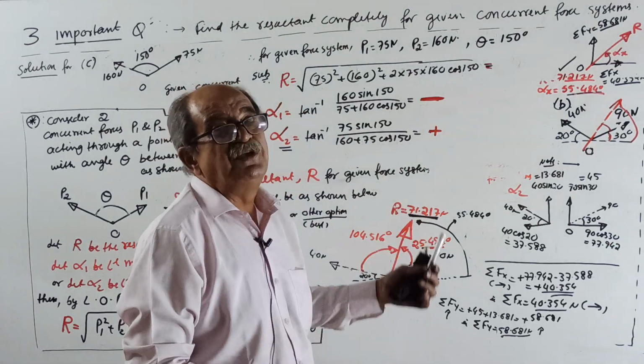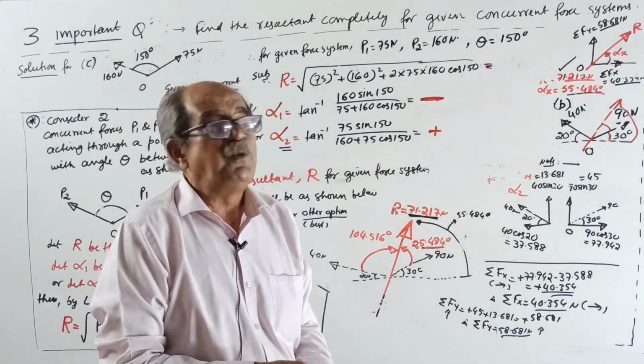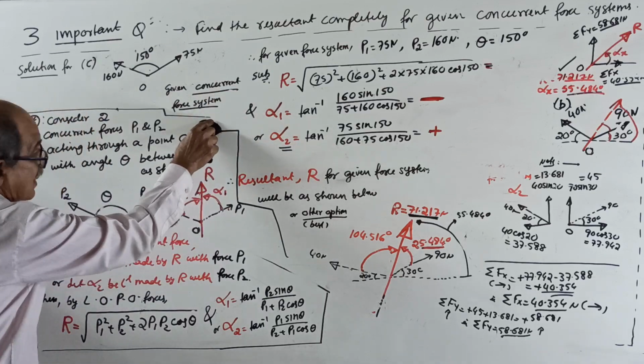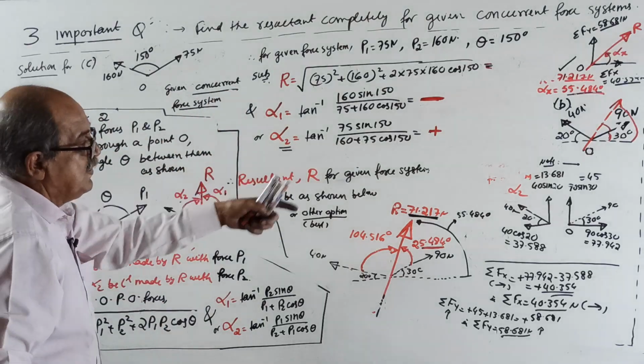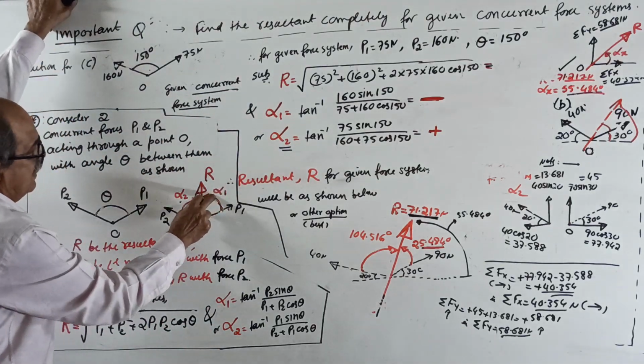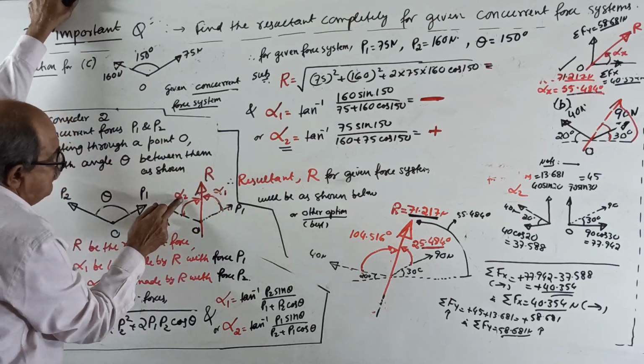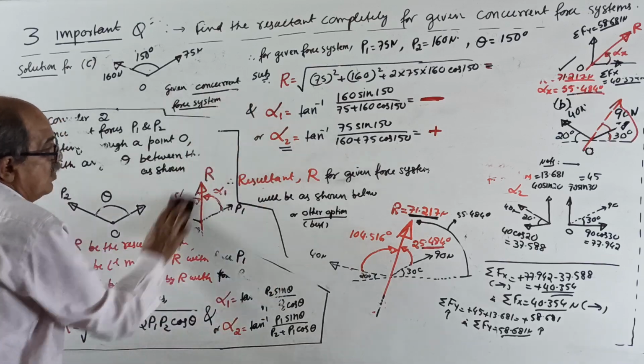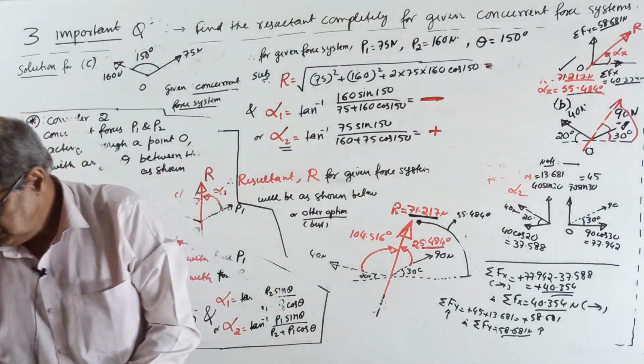One of them will come negative this time, so I will give resolution more importance and prepare the solution. Remember, alpha 1 I took like this and alpha 2 I took like this. I will remove all this now and write fresh.